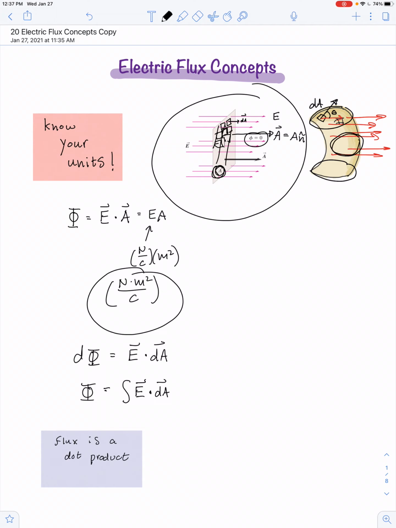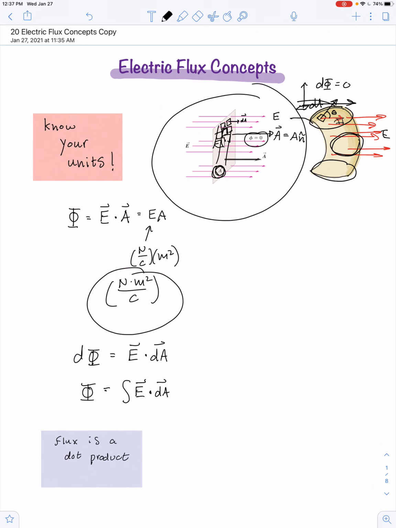Through the middle, the angle between the electric field and the area is closer to 0. And if we continued this curvature, we might have a little portion of area whose vector points that way, and the electric field points to the right, and that little bit of flux would be 0.